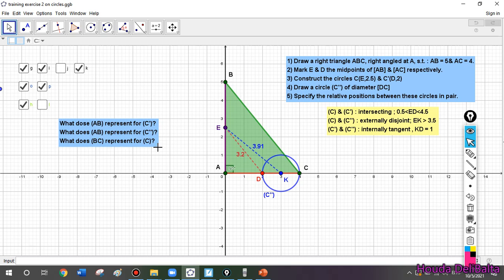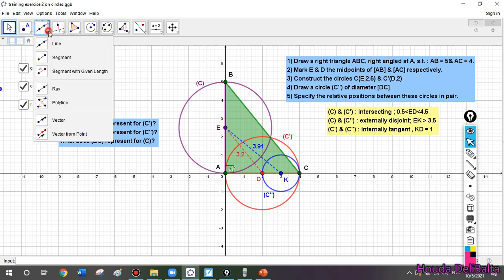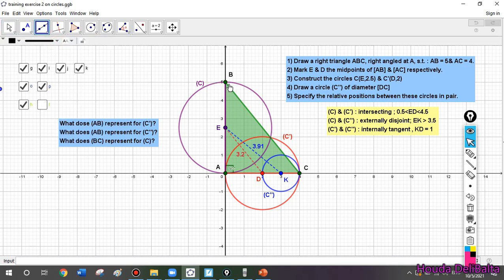What does BC represent for C? Let's draw C again. The line BC, let me join it. According to C, it is a secant because it's cutting it at 2 points. This point B here and this point.